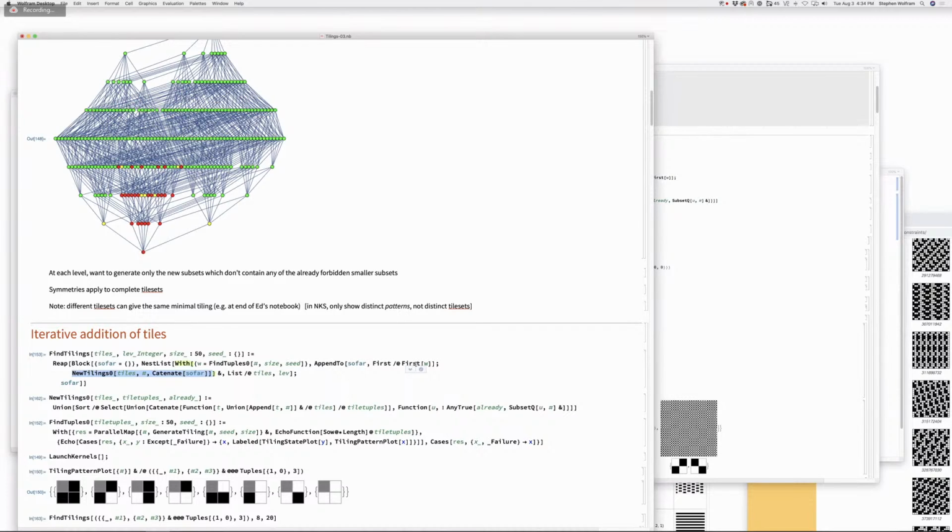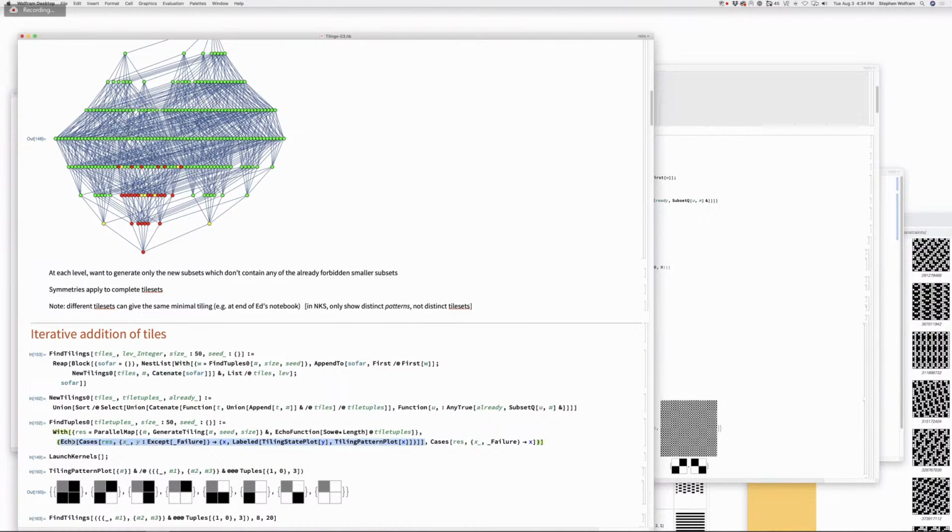Or maybe that's the ones that did tile. Hold on. I've got to read this code carefully. No, these are the parts that did tile.